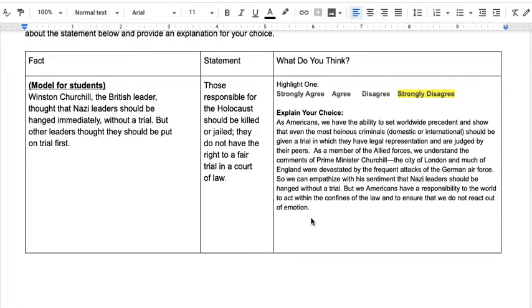And I gave you my explanation, being that we are Americans and within our particular law and governing body, every person, no matter who they are, deserves a fair trial, a fair and speedy trial, which is part of our U.S. Constitution. And of course, we want to make sure that we're not doing the same thing to them, which is killing people inhumanely, just without trial or rhyme or reason.